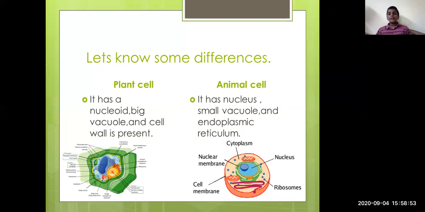Let's know some differences. We would know first the differences between a plant cell and an animal cell. Plant cell: it has a nucleoid, a big vacuole is present in it, and a cell wall is present.